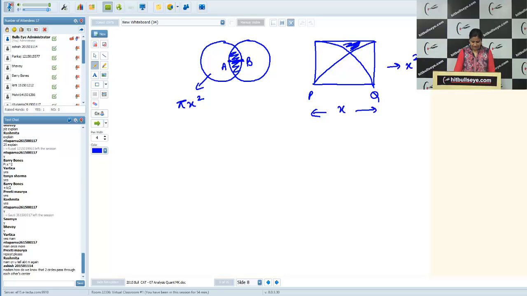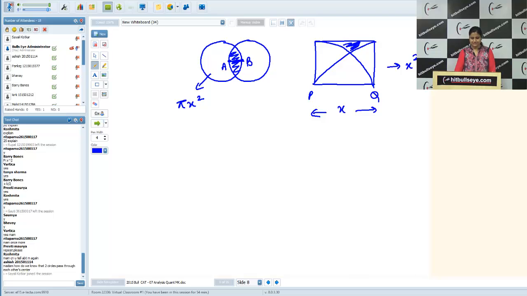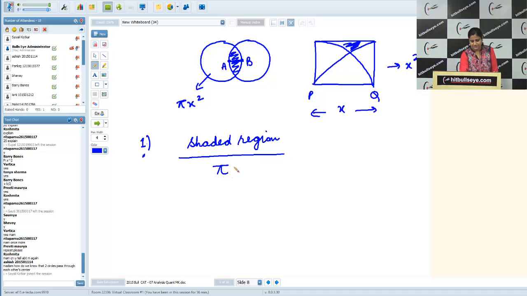The ratio of the area of the shaded region in figure 1 and the area of each circle is K. So I'm making use of the first direction, that is the ratio of the area of the shaded region divided by the area of each circle, which comes out to be pi x square. This is equal to k.